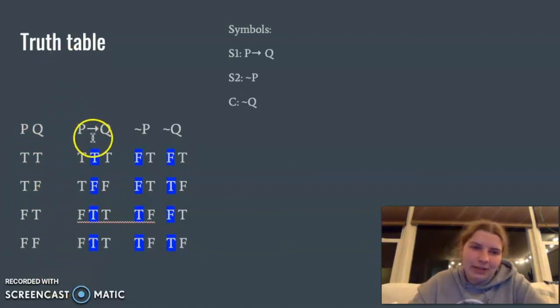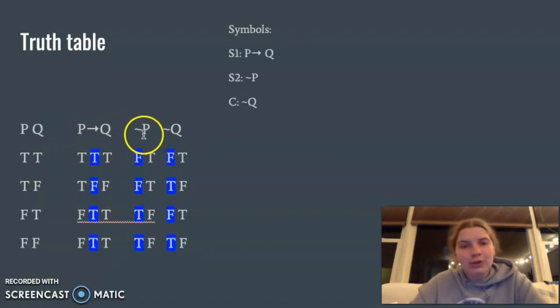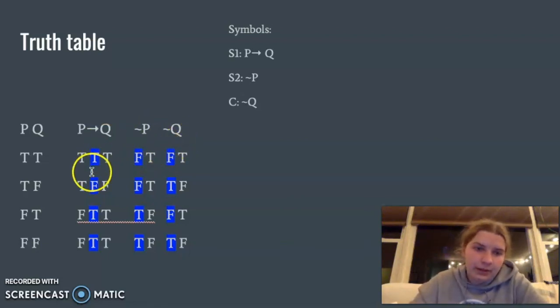Then P conditional Q, negation P, and negation Q is the conclusion. I filled in what P stands for, TTFF, and Q is TFTF.